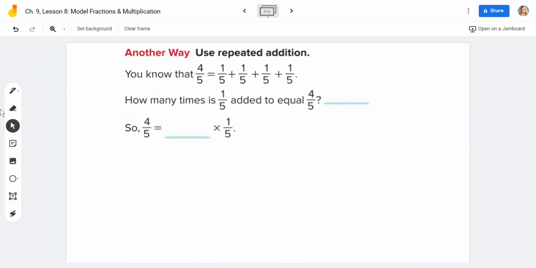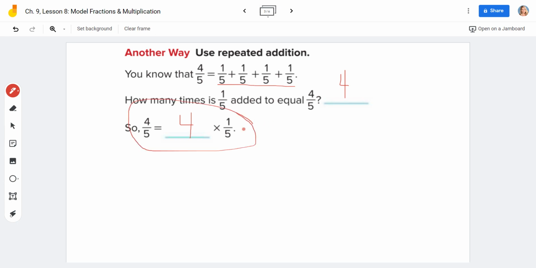All right, now another way is to use repeated addition, which is basically what I've been referencing anyways. So we know that 4/5 is equal to this 1/5 plus 1/5 plus 1/5 plus 1/5. So how many times did we have to add 1/5 to equal 4/5? We had to add it 4 times. So if I'm writing it 4 times, that means 4/5 is equal to 4 times 1/5, because I used repeated addition, which is just multiplication.